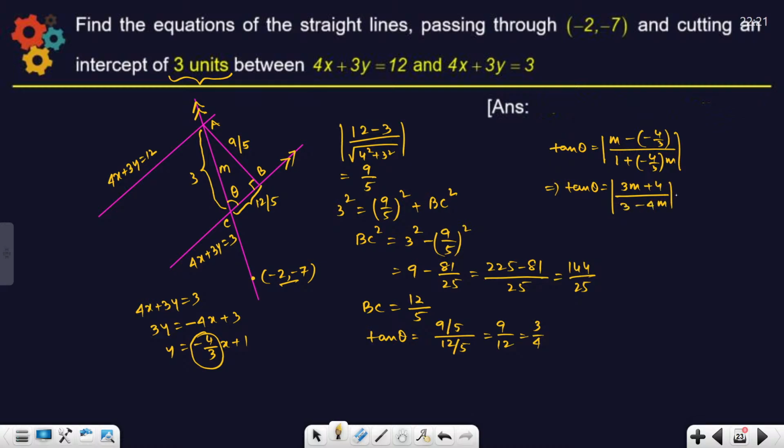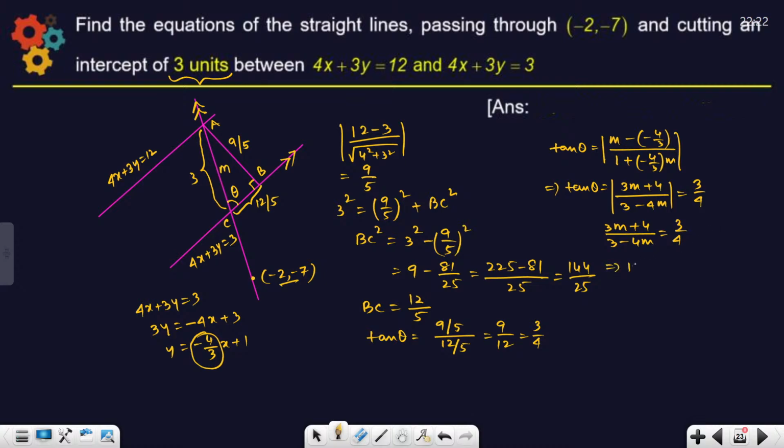And tan theta, what we got? It's 3 over 4. Clear? Now, let me open this mod with a plus minus sign. So it will be 3m plus 4 over 3 minus 4m equals, first time I will take plus 3 over 4, and the second time I will take minus 3 over 4.